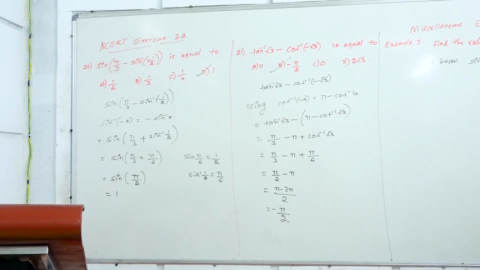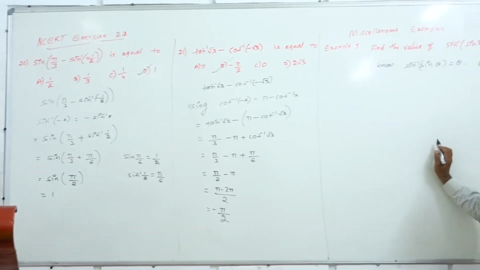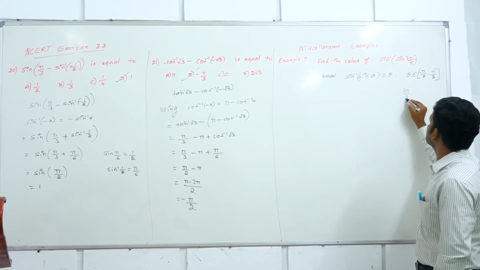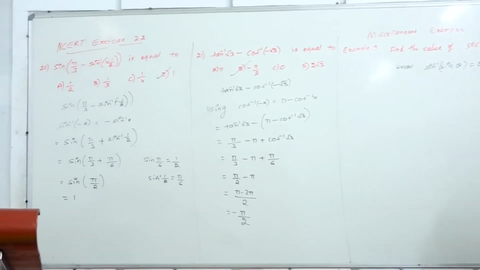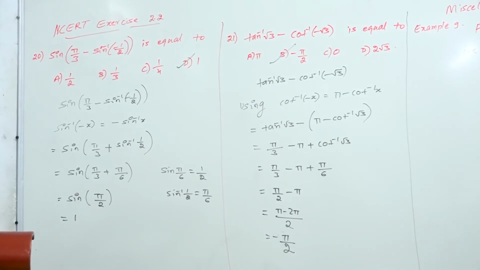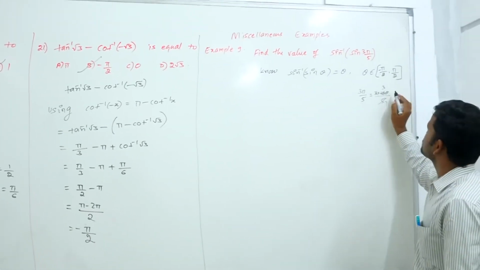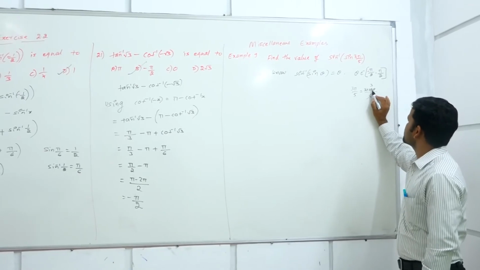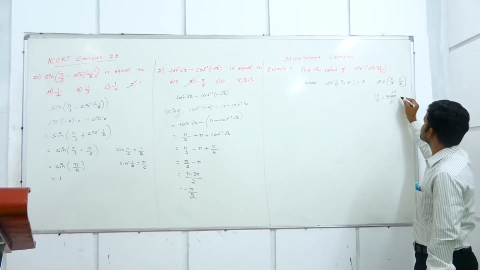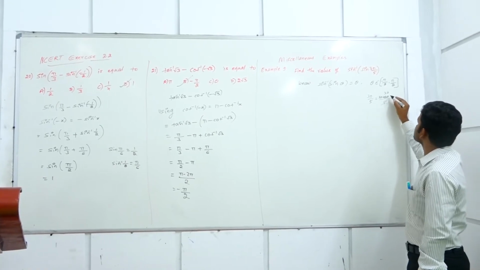Here we will check whether it lies in the interval minus 90 to plus 90. 3 pi by 5 is equal to 3 into 180 degree by 5. 5 threes are 15, 3 remains, 30 means 6. 36, it is 3 into 36.